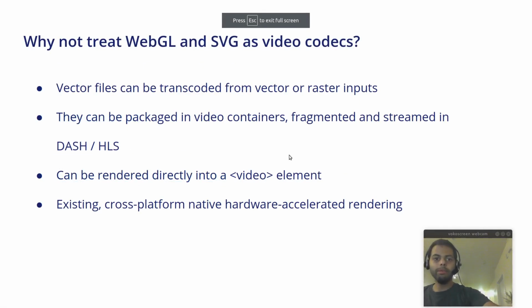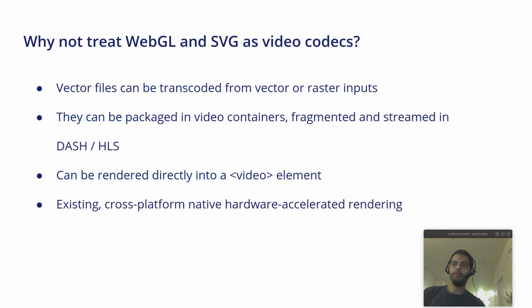So I think maybe the main food for thought that I want to leave for the SF video tech community is, vector videos can be transcoded. They can be packaged into MP4 containers and streamed over HLS and Dash, and they can be rendered into a video element. So the question then becomes, why not consider them as video codecs if they look like video codecs, if they feel like video codecs?